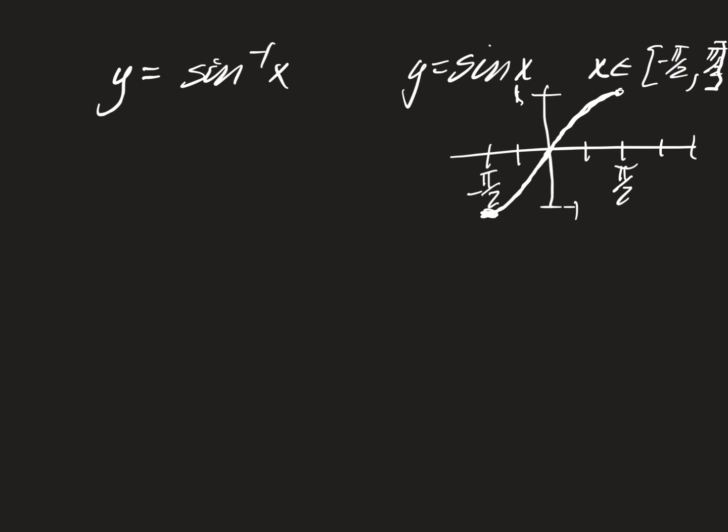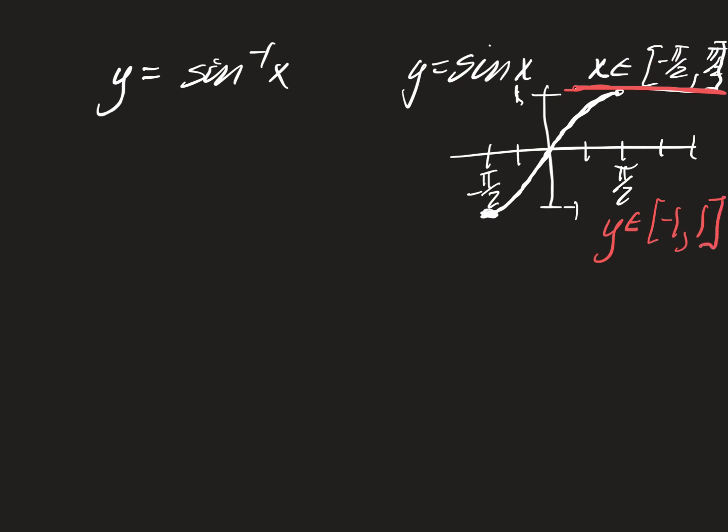So let's look at the inverse sine of x really quick. First of all, if y equals sine of x, here's our domain restriction right there. X is an element of negative pi over 2 to pi over 2. And then the range, the y values, you can see that the y's will be an element of negative 1 to 1.